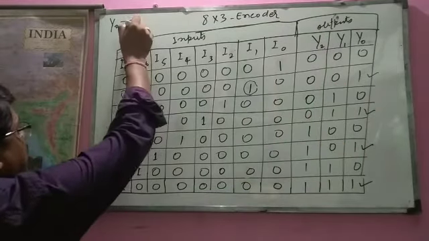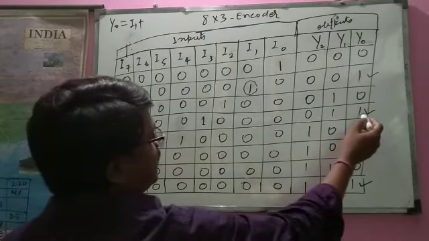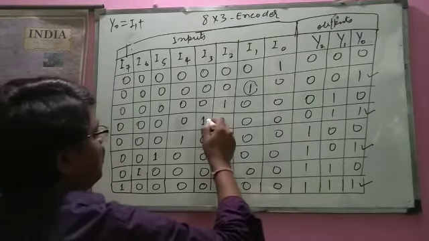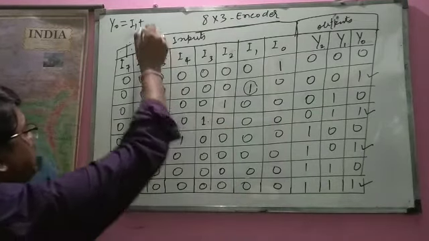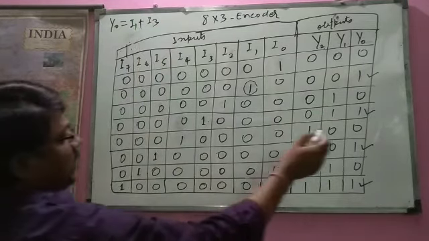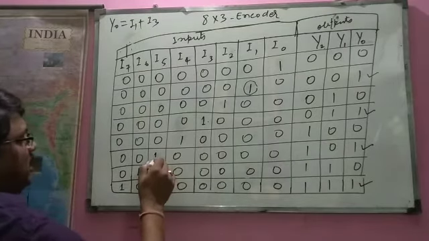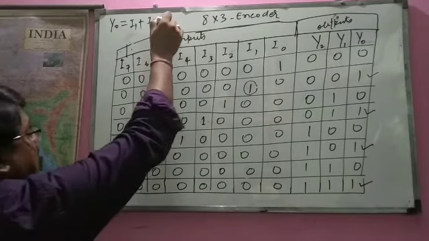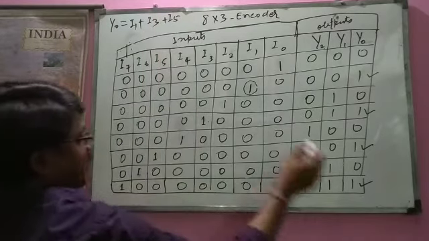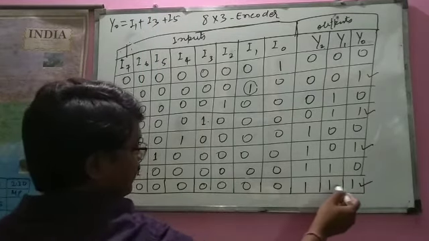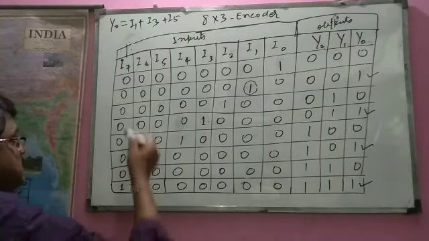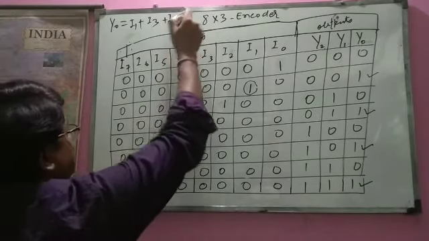Let us write down I1 plus, here it is 1, this is I3, so it will be I3. And here it is also 1, so it is I5. And here it is 1, so it is I7.